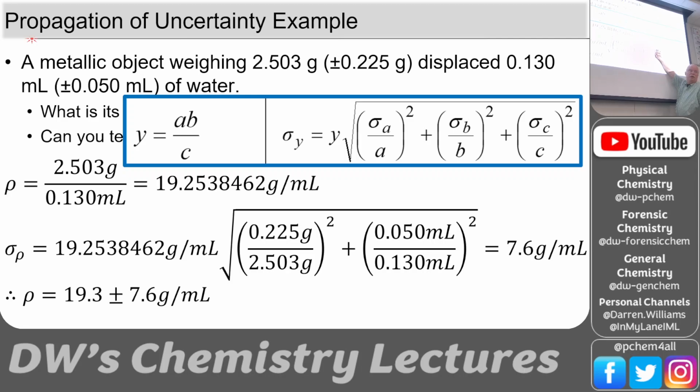That's a much bigger value, even though 0.05 seems like a smaller number, and it is a smaller number than the 0.225, but it's relative to the measurement. And so we're uncertain of 5 in 13. Here we're uncertain in 2 out of 25. And so this is going to be the dominant error. This also tells us our volume measurement is what's killing us in this determination.